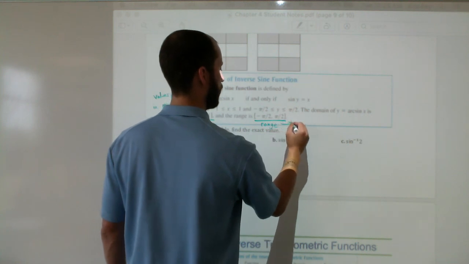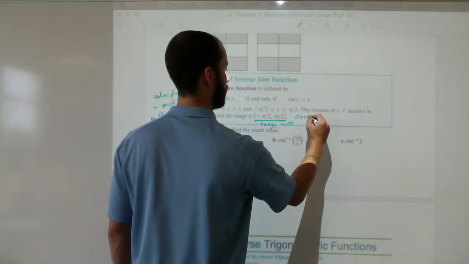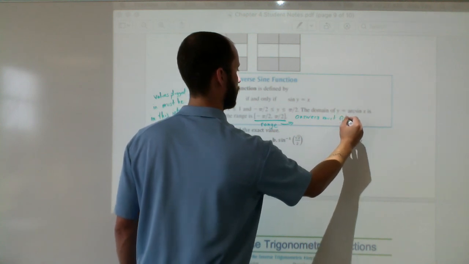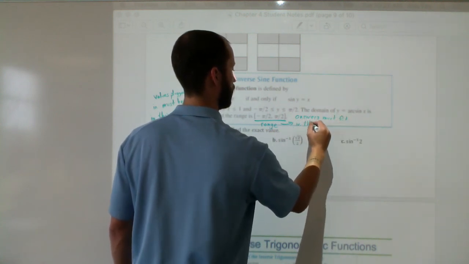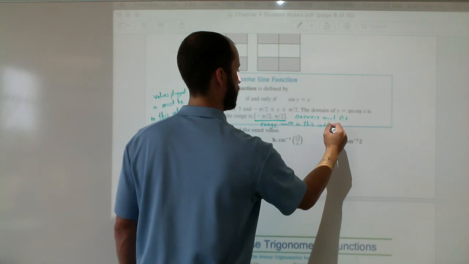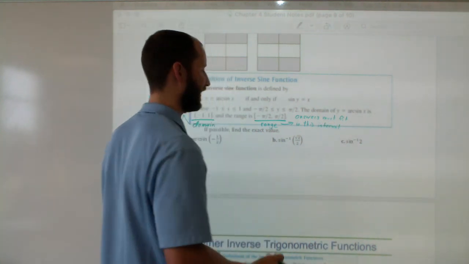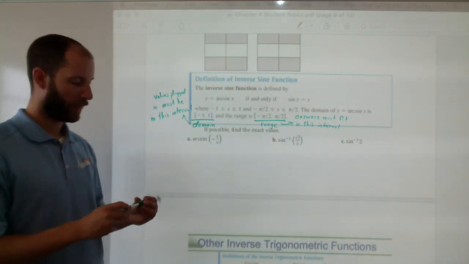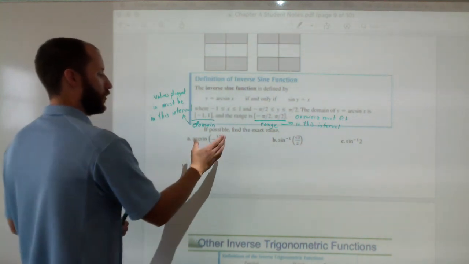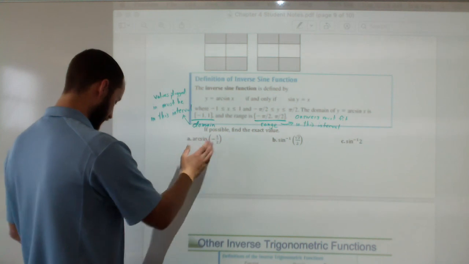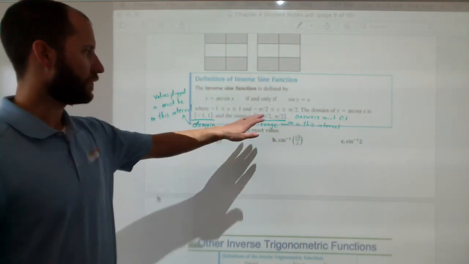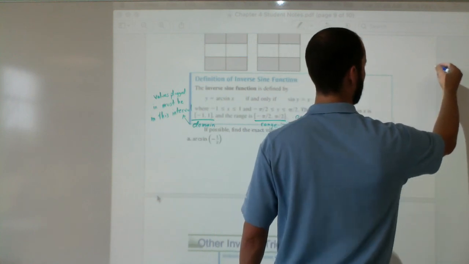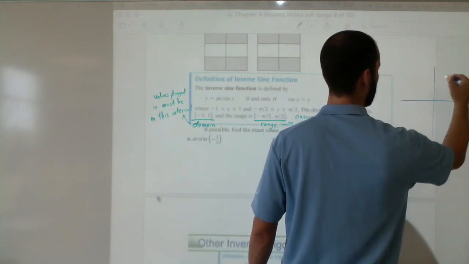And then right here we have our range. Your answers must fit in this interval. So when we look at evaluating arc sine, think about the unit circle. Let's get a sketch of it real quick.